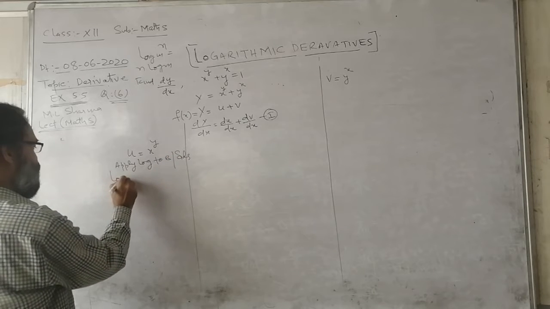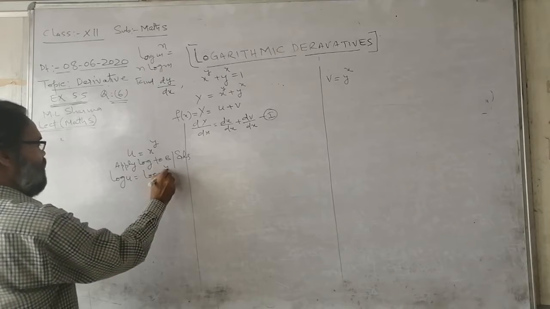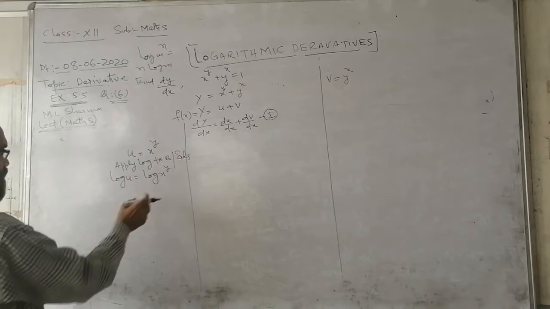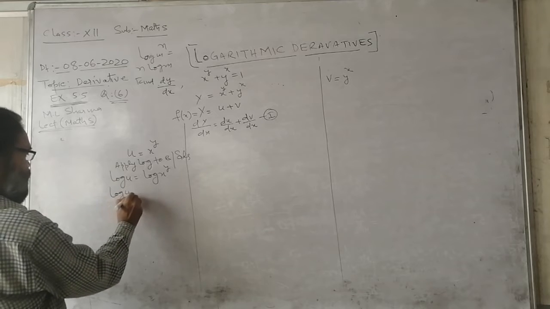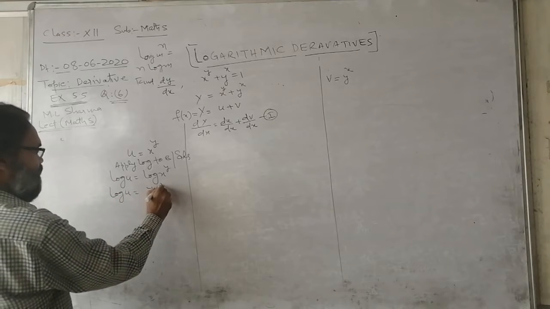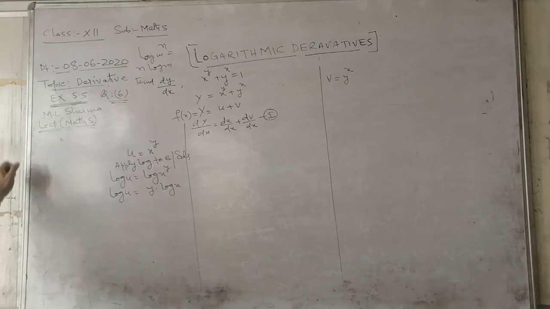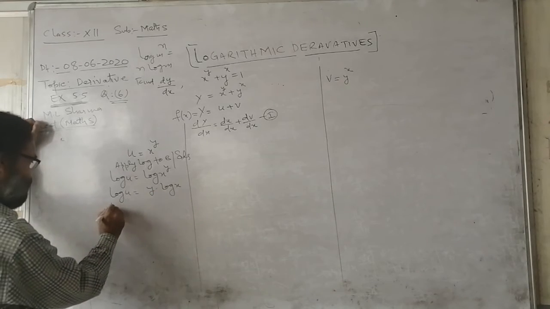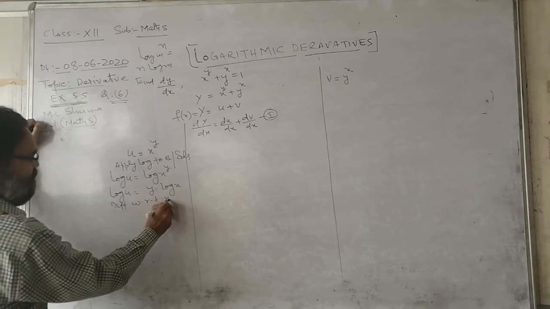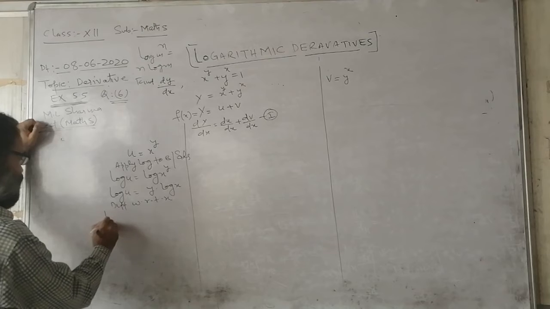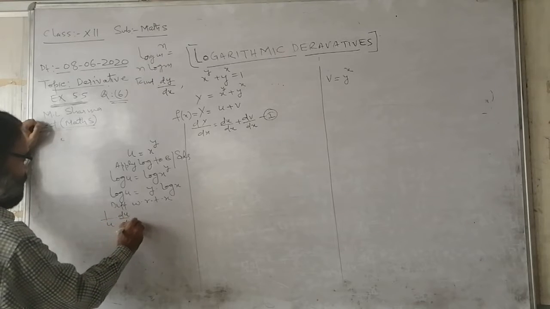So log of u equals log of x power y. Again, the y exponent can be written as y log of x. So differentiate here. If I differentiate with respect to x, both the sides, I will get 1 upon u du upon dx.